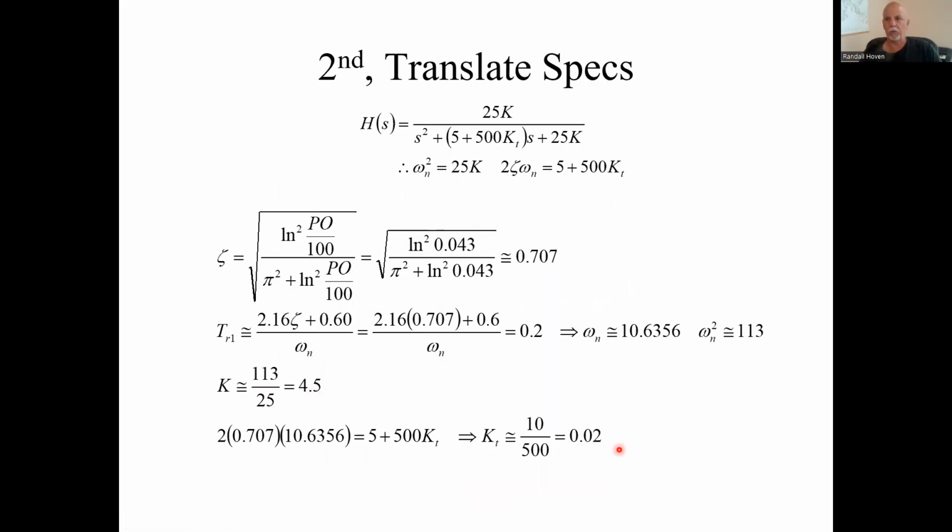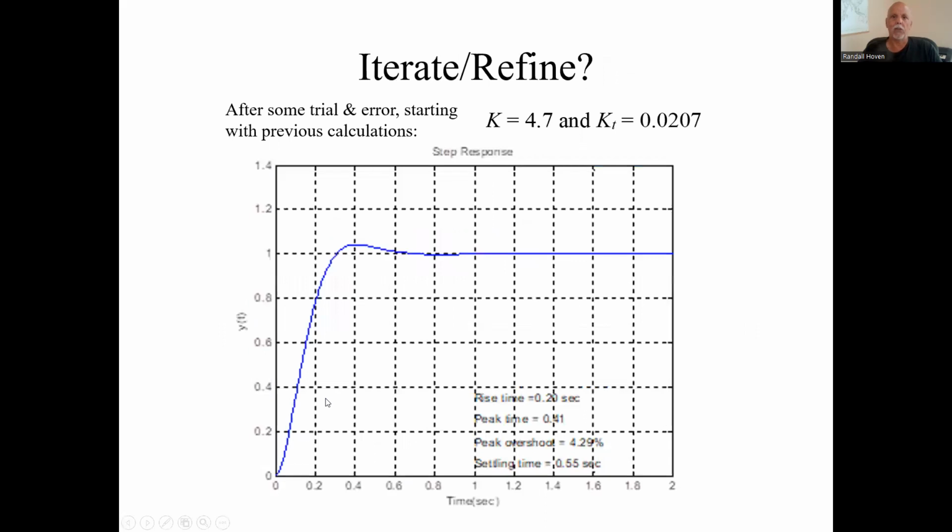So we didn't deviate too much from these numbers. So that's a sort of end-to-end case of using all those performance measures and formulas to meet specs, working with a prototype second-order system.